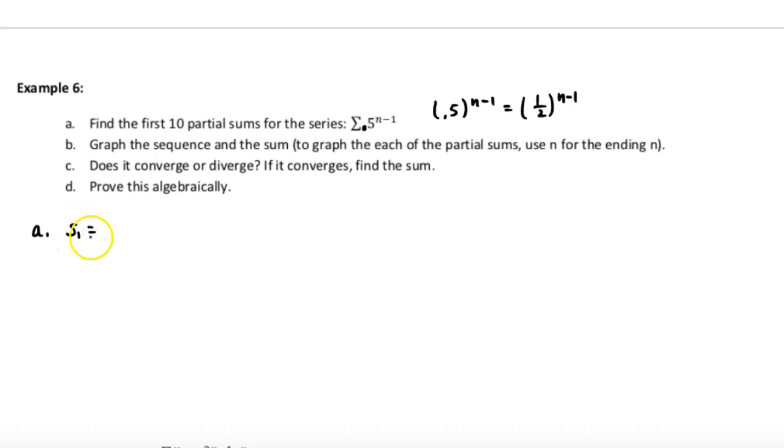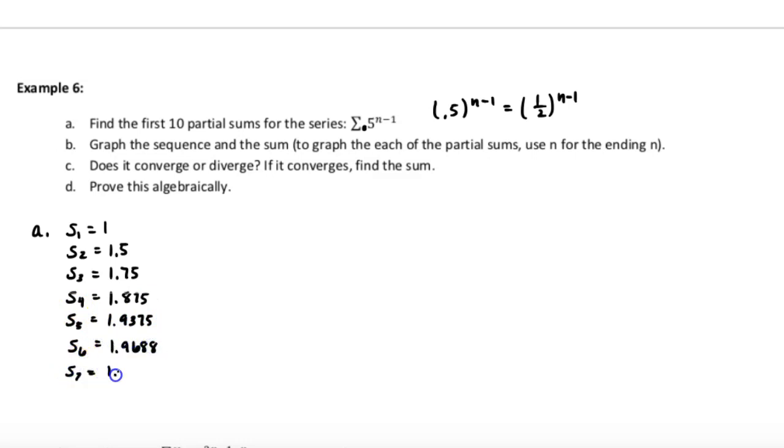I'm going to make sure I write them in this partial sum notation. All right, so that gives us part A.